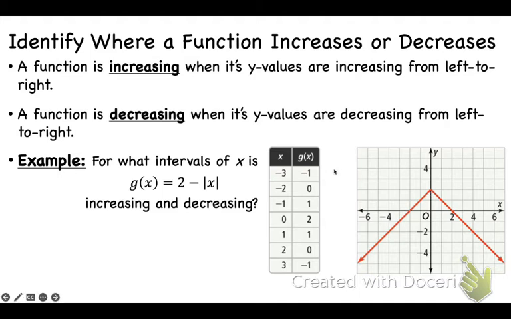So when we look at just a table, we're looking for a max or min where it changes. So I'm looking at my y's, and what's happening when I look at this table? I have -1, 0, 1, 2, 1, 0, -1. Where does something happen?